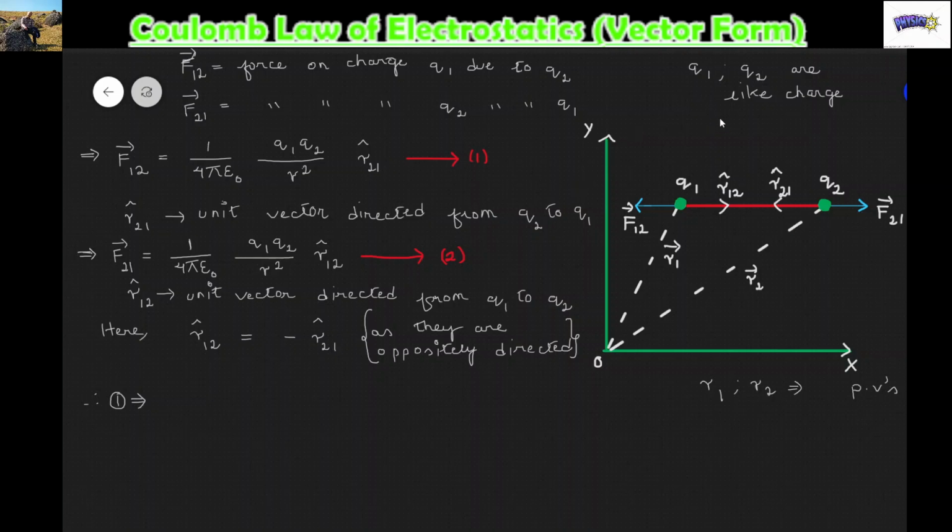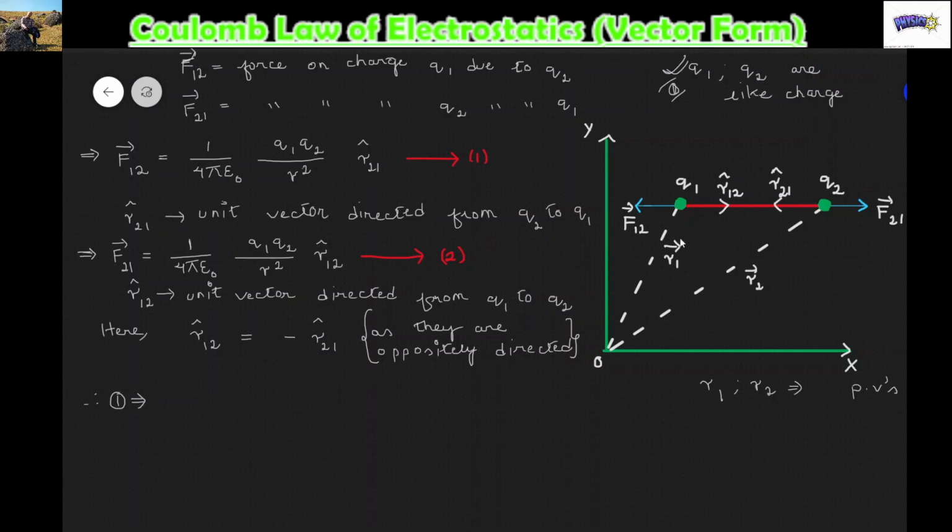Whereas, if it is unlike charges, there will be attraction. That is the uniqueness of these forces F12 and F21, which are being shown here. F21 and F12 are oppositely directed. What is the reason? This is the most important reason why F12 and F21 are oppositely directed.